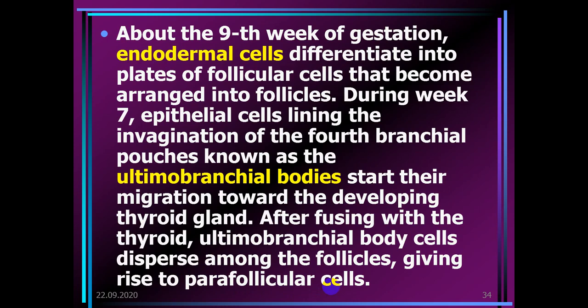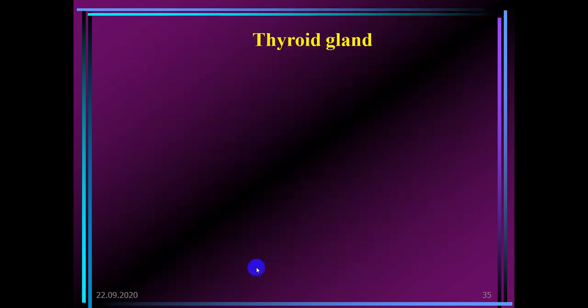The first takes place from the epithelium and forms the follicle, and the second is the invagination of the fourth branchial pouch, the ultimobranchial bodies, and these bodies fuse with the thyroid gland and form the second type of hormone-producing cells in the thyroid gland, which get the name parafollicular cells.